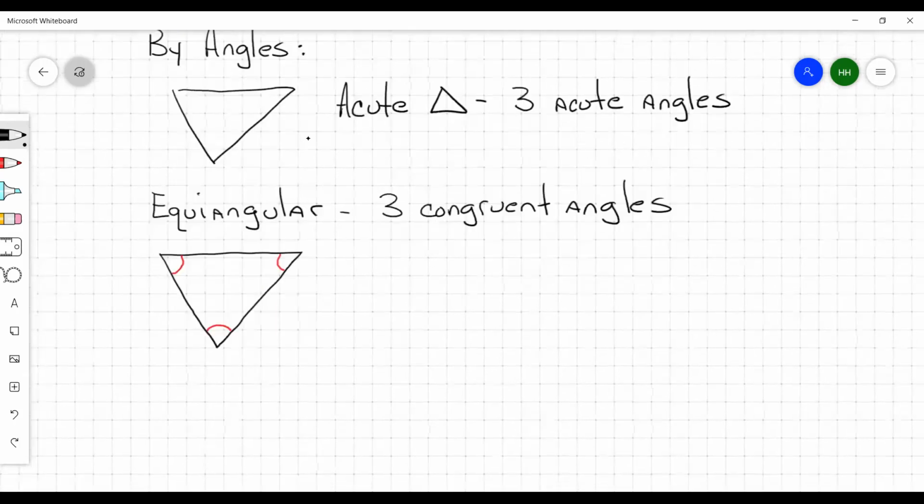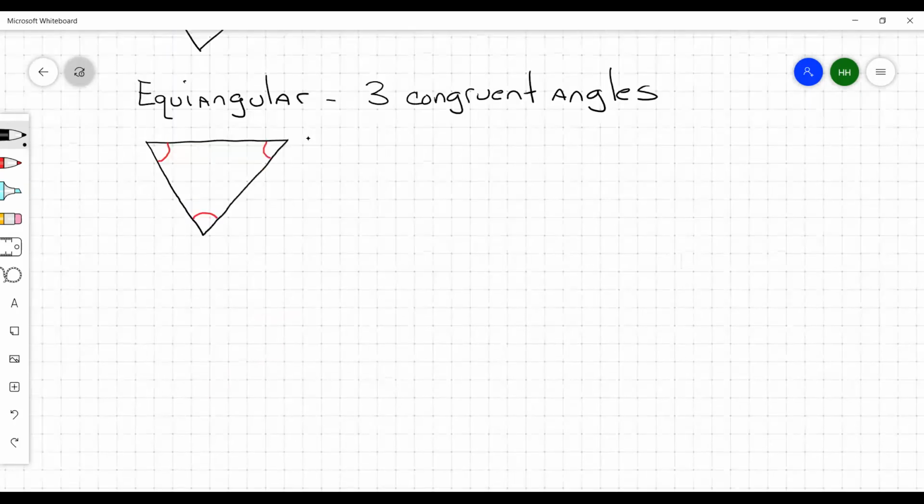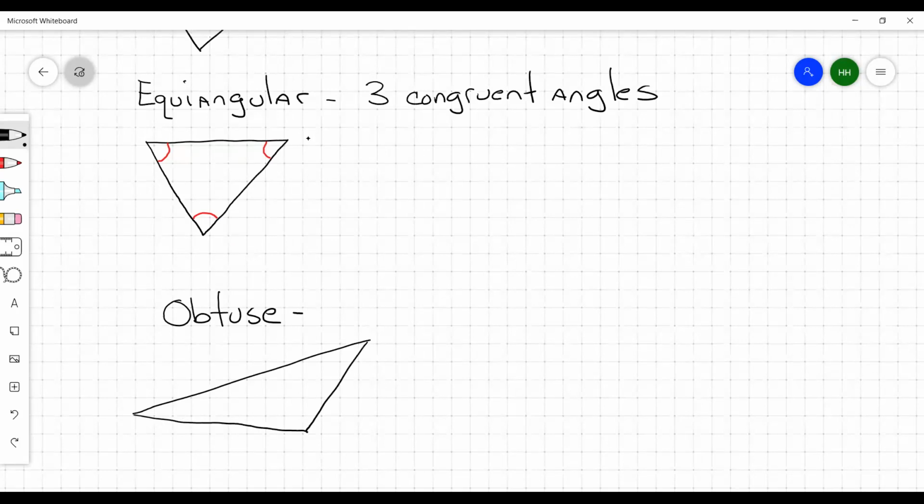Then we've got obtuse triangles. An obtuse triangle has one obtuse angle.